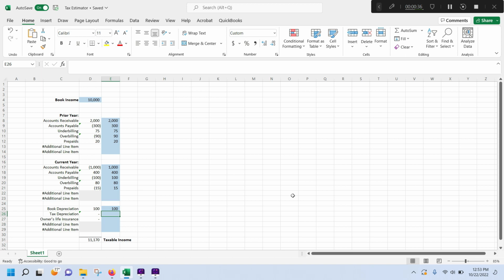Let's assume for our example it's 175. We're adding back the book depreciation because that's what was reducing income to this 10,000 amount, and we're reducing our book income by 175 because we're converting depreciation to tax basis depreciation.